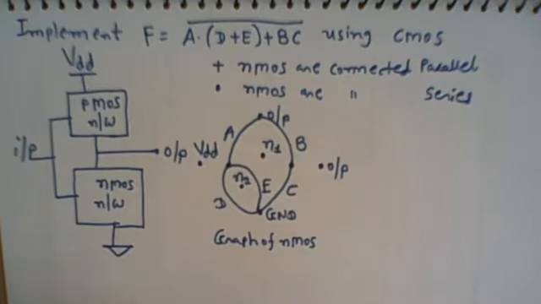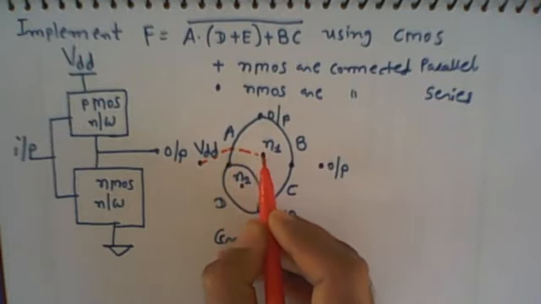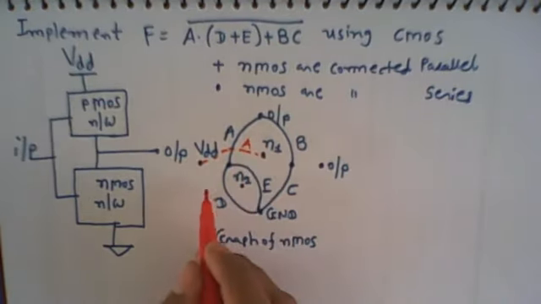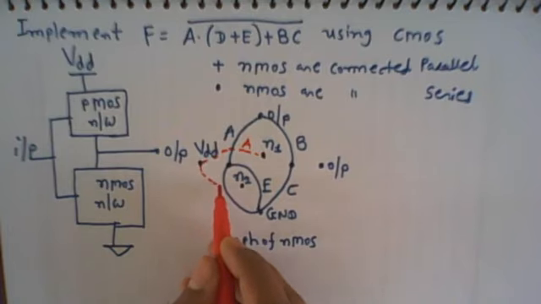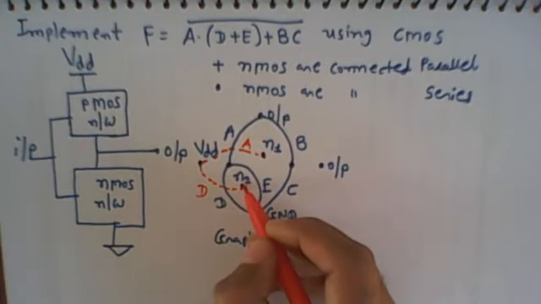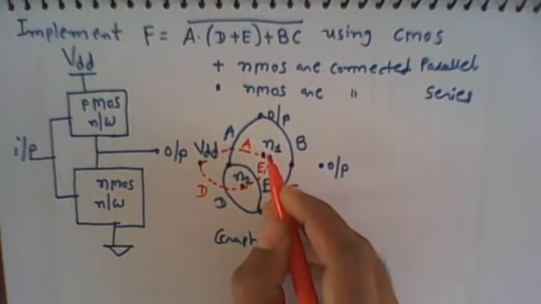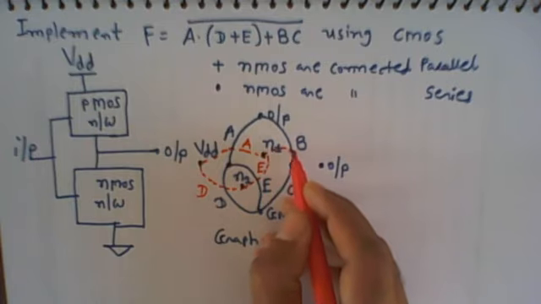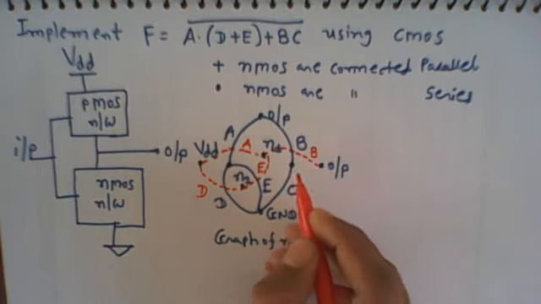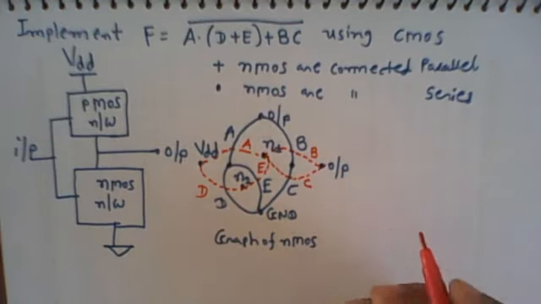Now we have to connect the different nodes by passing the branches, right? Between VDD and N1 there is branch A, between VDD and N2 branch D, between N2 and N1 branch E, and between N1 and the output node branches B and C.